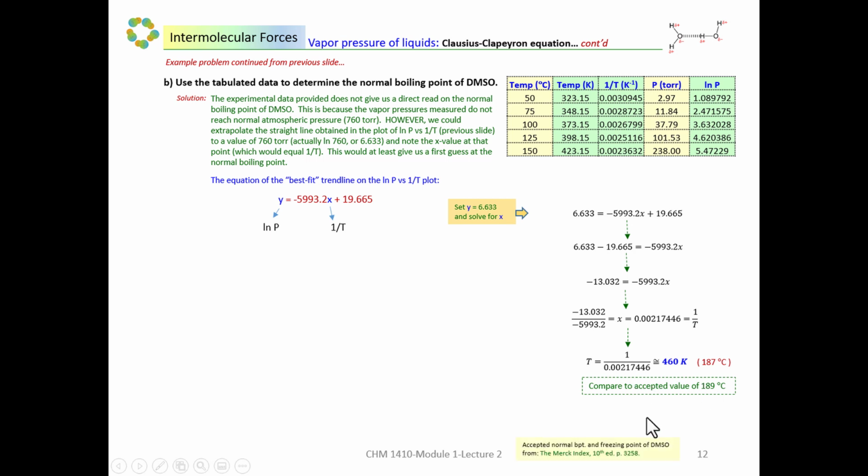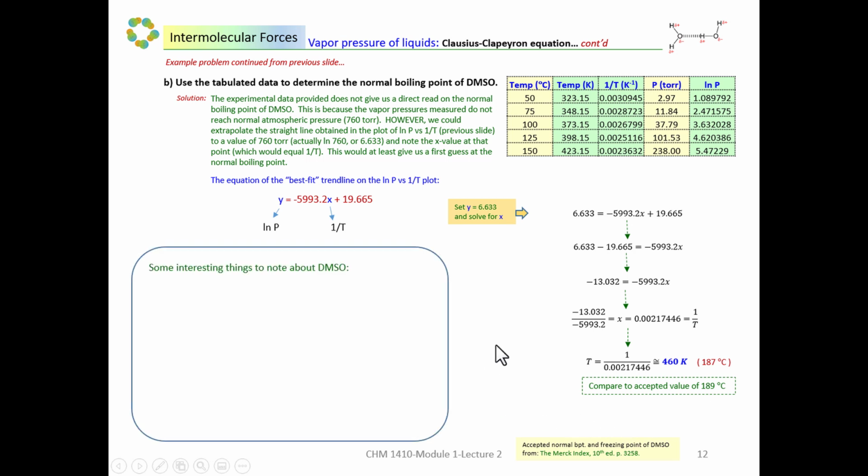Well, some interesting things to note about DMSO, besides its heat of vaporization and very high boiling point. The 2D Lewis structure of DMSO looks like this, and you might note that this looks fairly similar to acetone, only in acetone, instead of a sulfur there, you have a carbon.